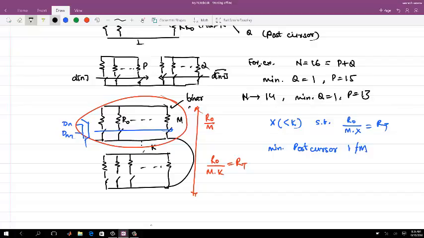Are there any questions on this? So this is just to maintain the same ratio of equalization. And this doesn't take you away from the problem of more current, that problem still exists.